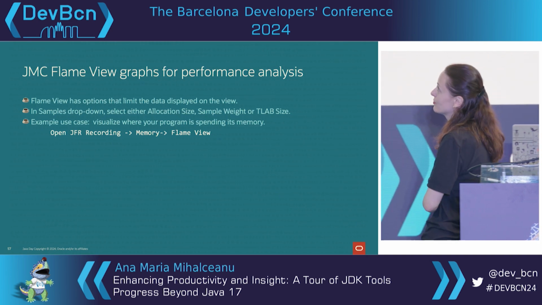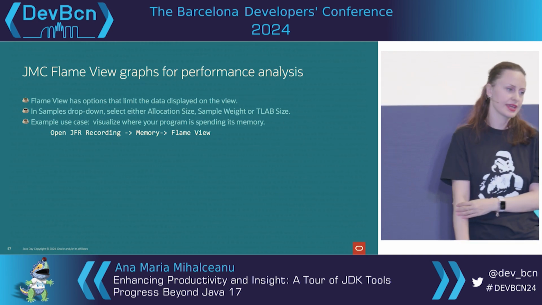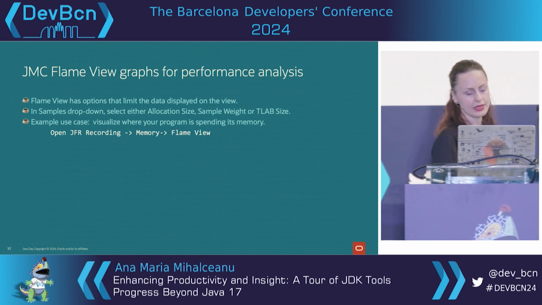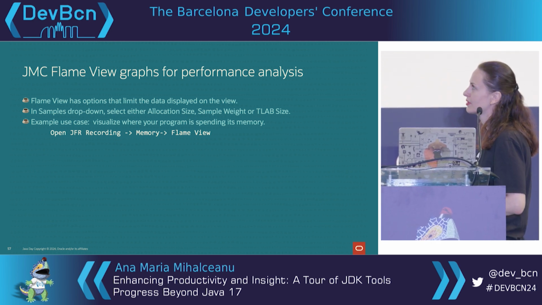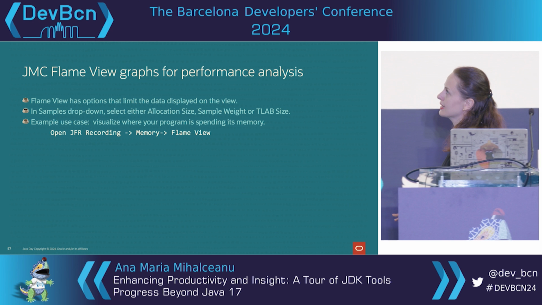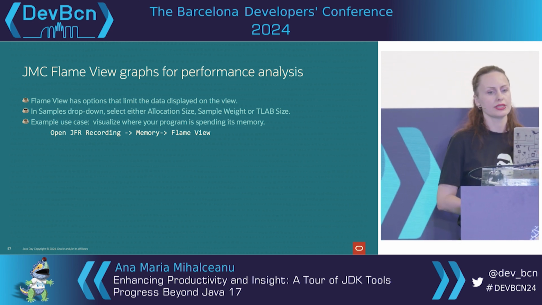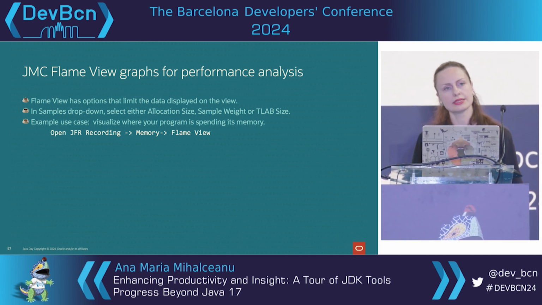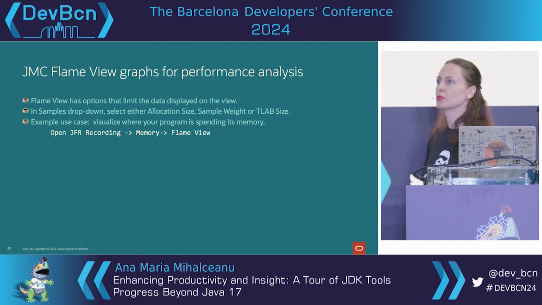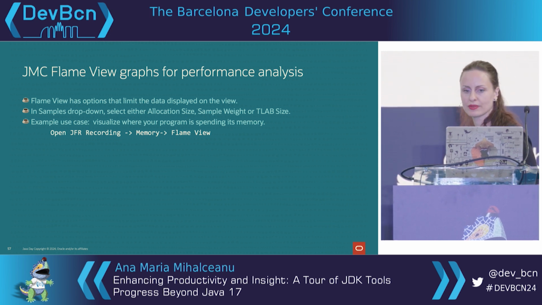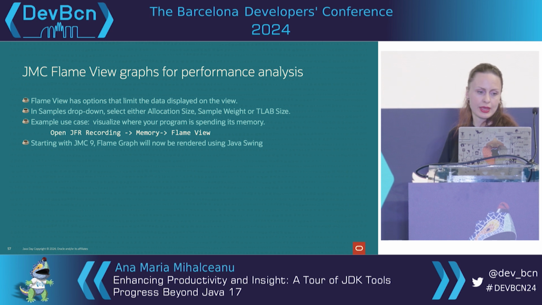The flame graph view has also been enhanced since 8.3. Now you can aggregate the flame graph and stack trace by selecting the required attribute in the samples dropdown, and you can select either allocation size, sample weight, or TLAB size. This is something from 8.3 here.